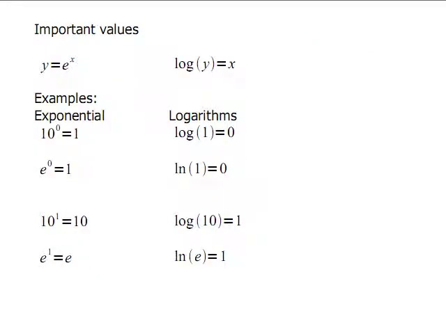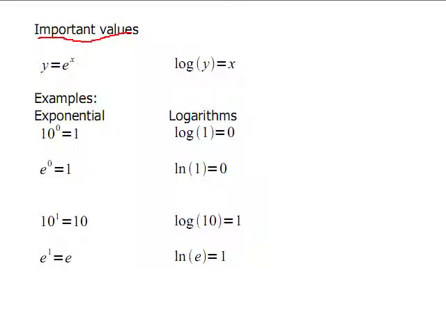Now, having said all that, the screen has an error on it. I wanted to show you the important values for logarithms. Because logs are the inverses of exponentials, they inherit in an inverse sort of way certain values, and they also inherit certain rules. Again, things are inverted, and some stand out as having particular importance.